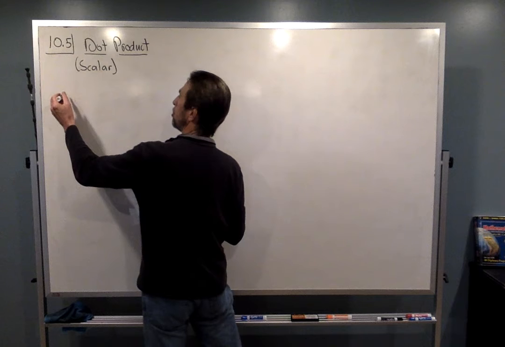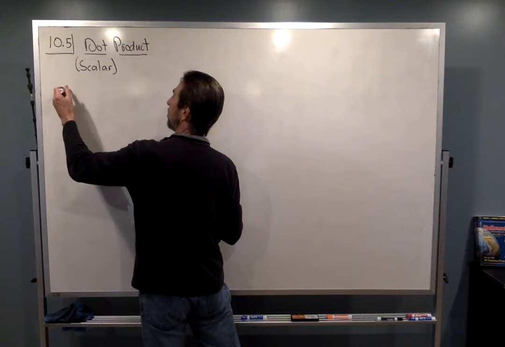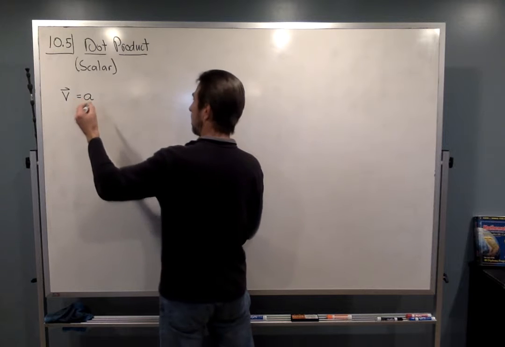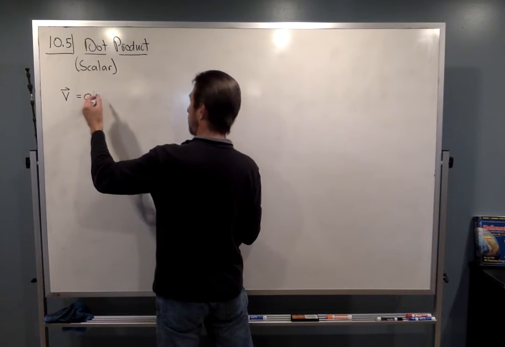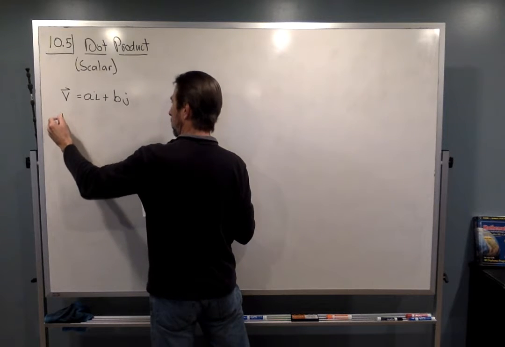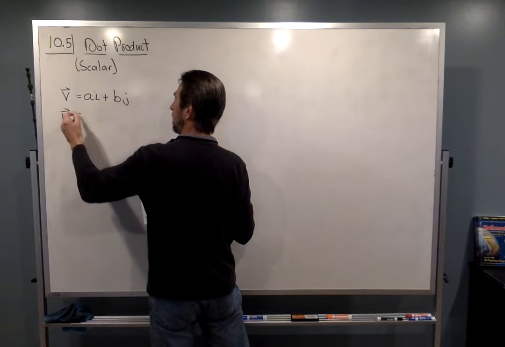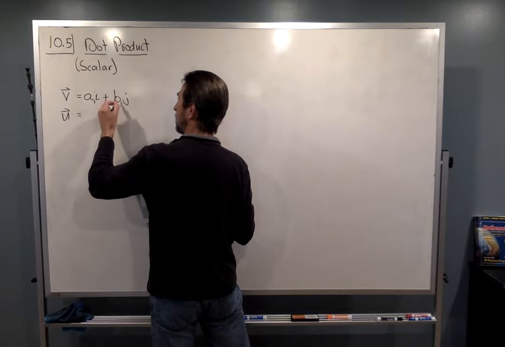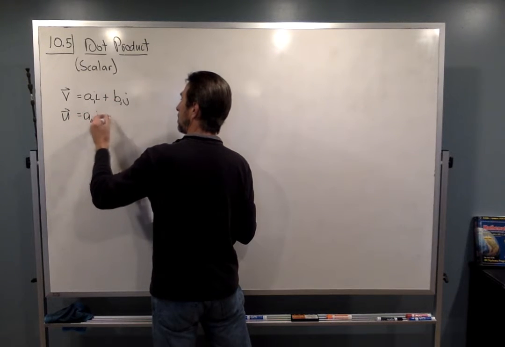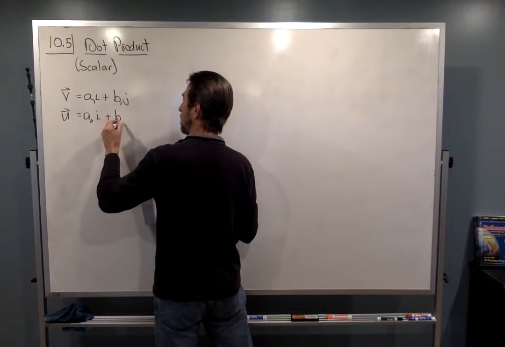Let's just start with 2 vectors. If I have vector V, and it's a1 i plus b1 j, and then vector U is, let's have subscripts here, another coefficient a2 of i plus another coefficient b2 of j.